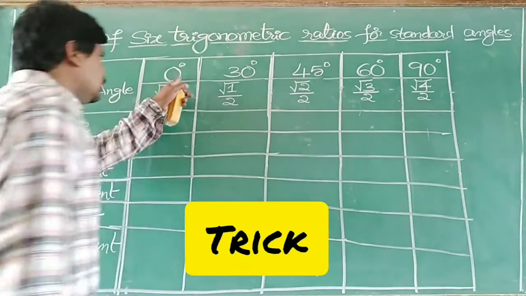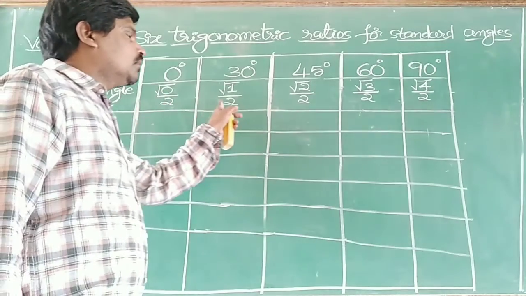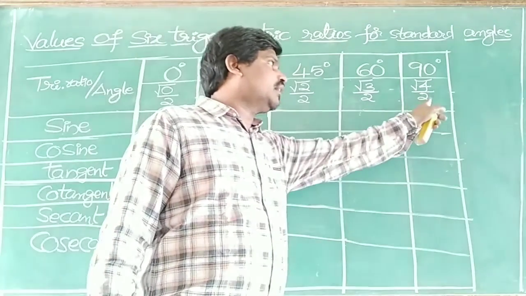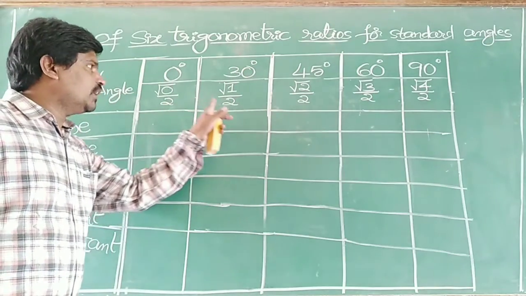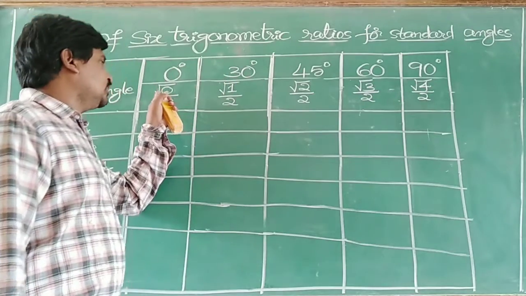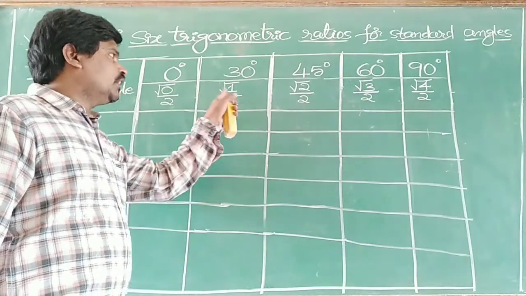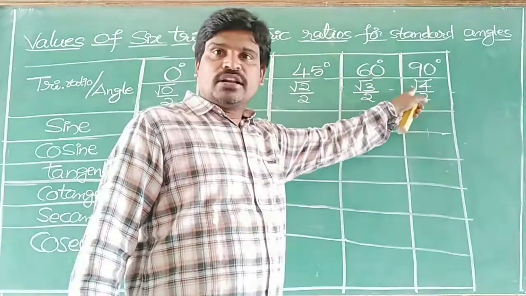For 0 degrees you write root 0 by 2. For all the angles, the denominator is 2, that you have to remember. And see the numerator: first root 0, next root 1, root 2, root 3 and then root 4.